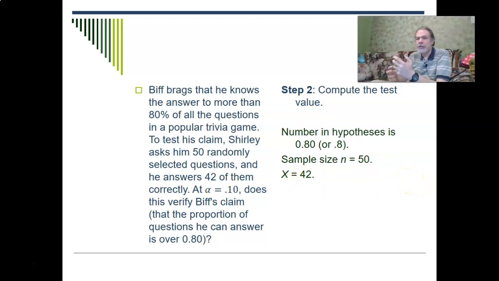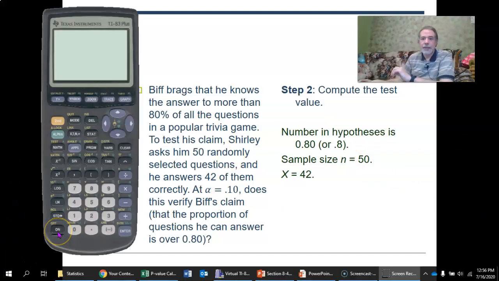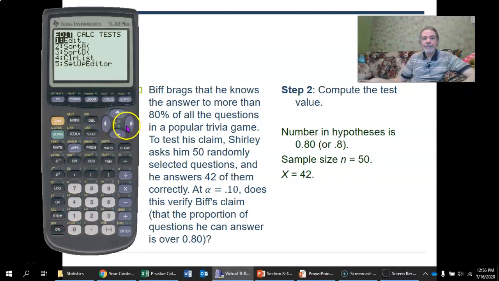Now, if you're going to be using a graphing calculator's built-in functions or my Excel sheet that you can use, then these three numbers are what we need. Let me just go ahead and show you how that works. If you're doing this on a TI-83 or TI-84, press Stat, go to Tests, and the one we want here is 1-PropZTest.